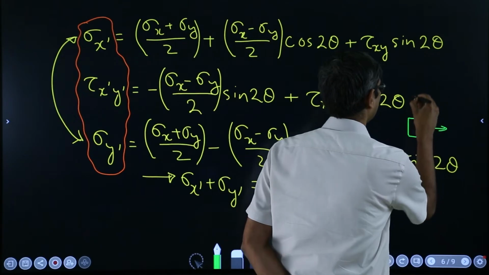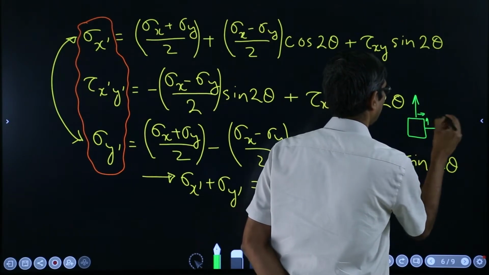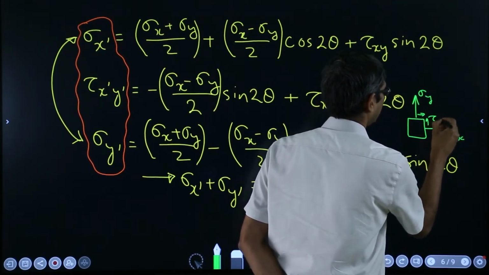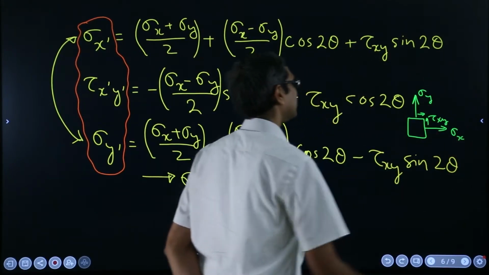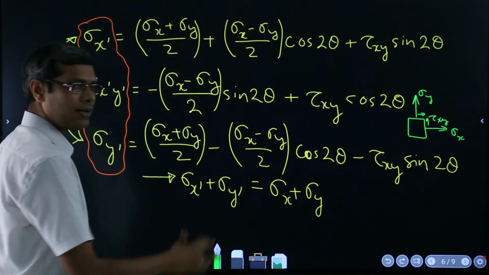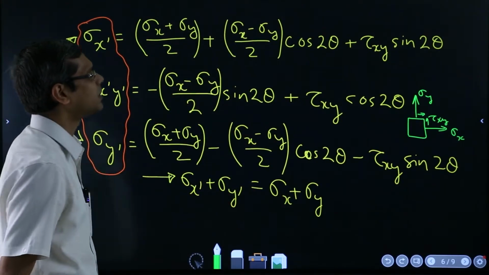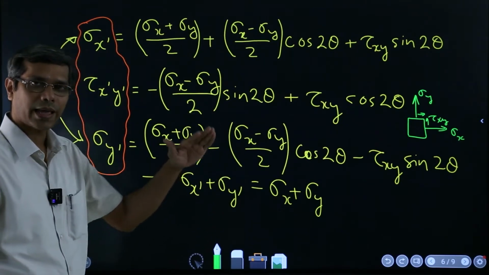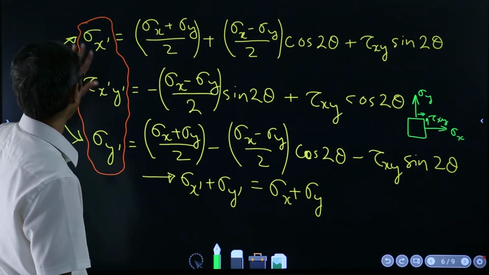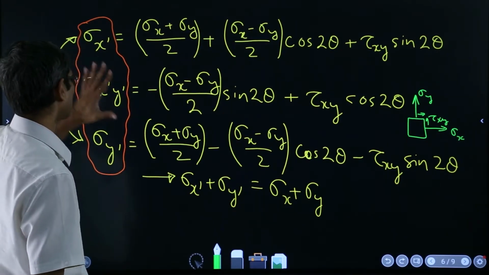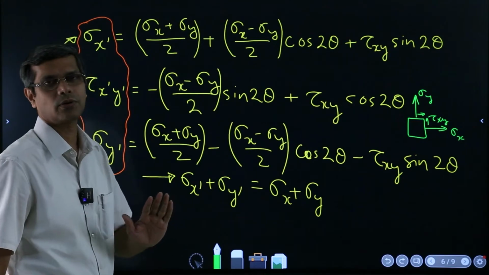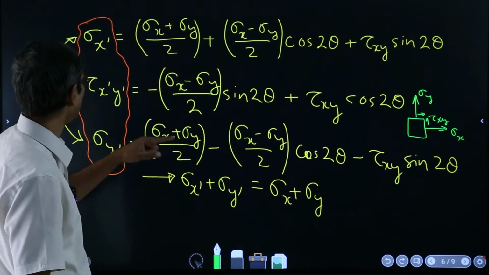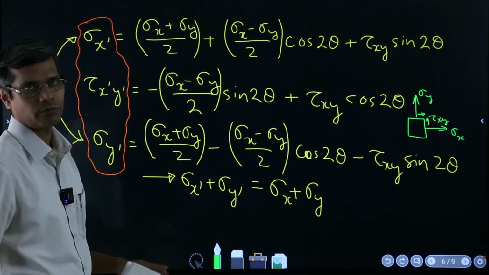So this is the picture. This is sigma x, sigma y and tau xy, and this is x and this is y. With respect to that, we are turning the elemental square by angle theta, and we call the axes x prime and y prime. On the surfaces of that rotated square, these are the stresses which will exist.